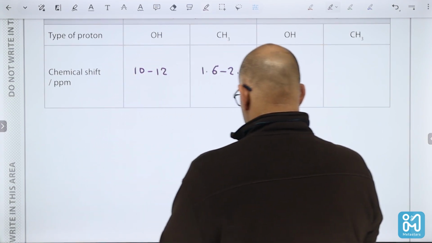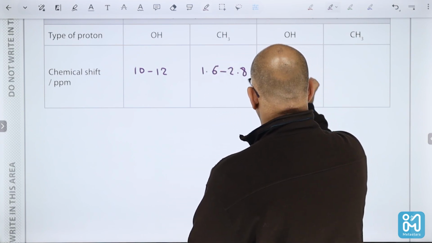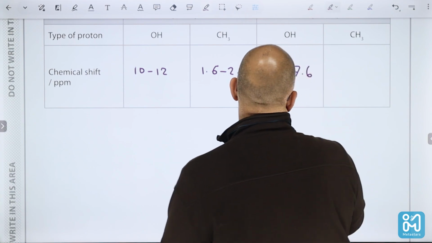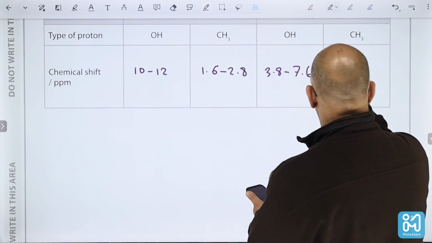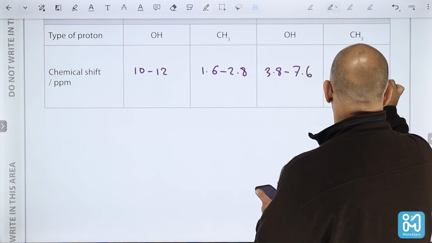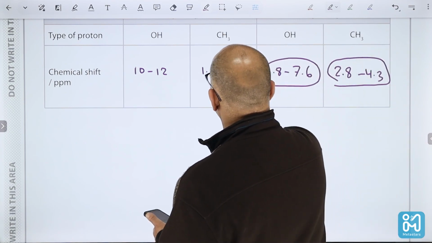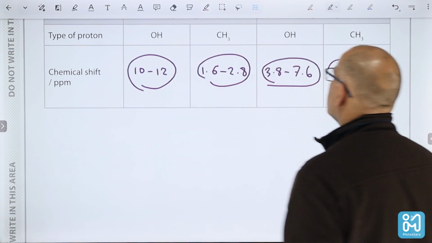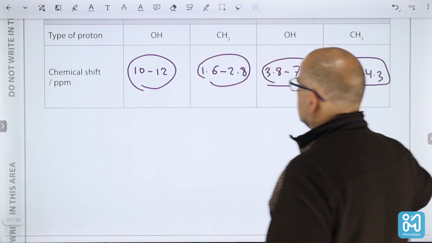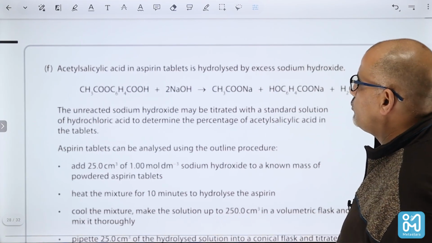And for the OH group in methyl salicylate, it's 3.8 to 7.6. Or you can write a value between these two ranges, 2.8 to 4.3. I got the values from the data booklet. So you can write the values between these ranges. Okay. Or you can write the range.